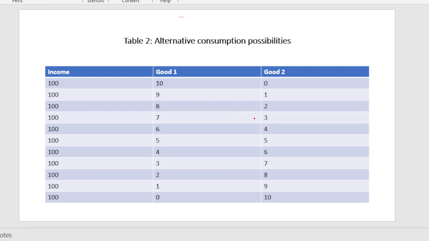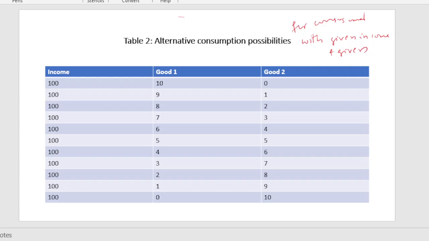It represents the alternative consumption possibilities of a consumer with the given income and the given price.